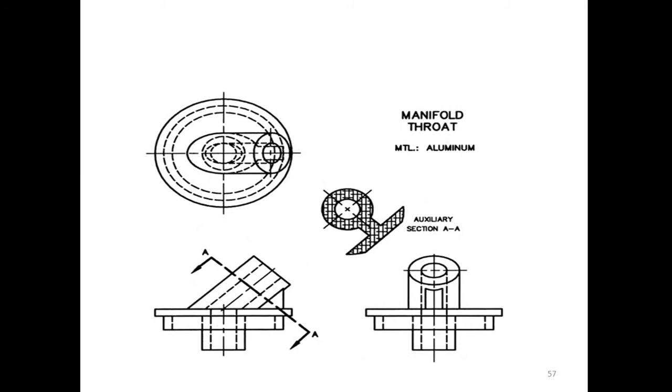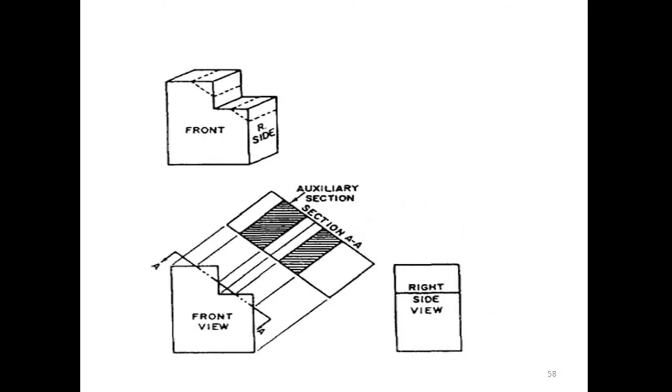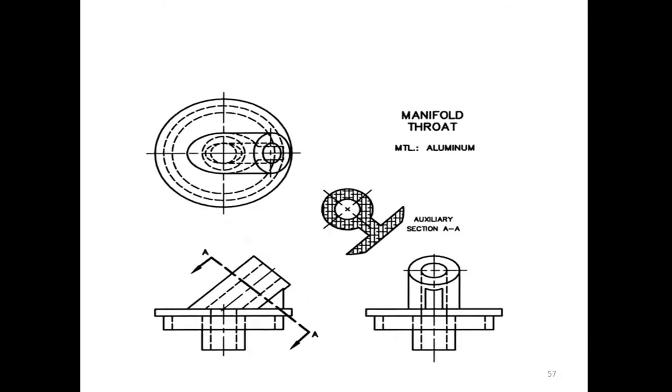But if we skip that auxiliary view and see only its front view, right hand side view and top view, then it becomes very difficult to understand the geometry of the component at the cylindrical surface.